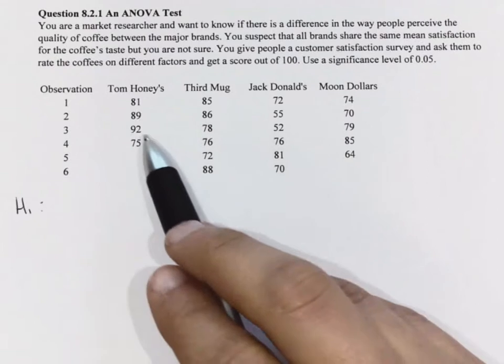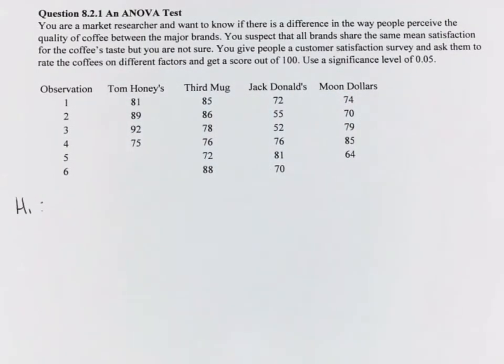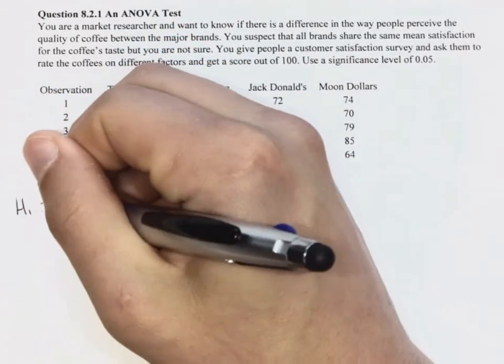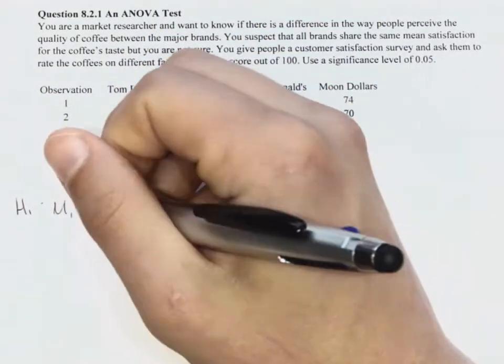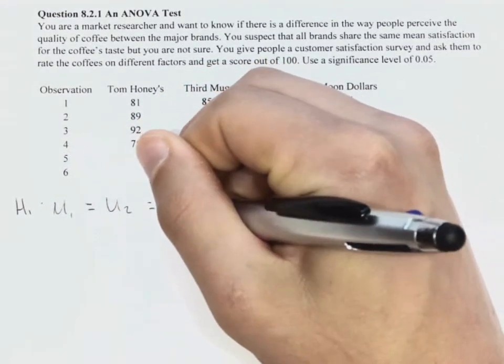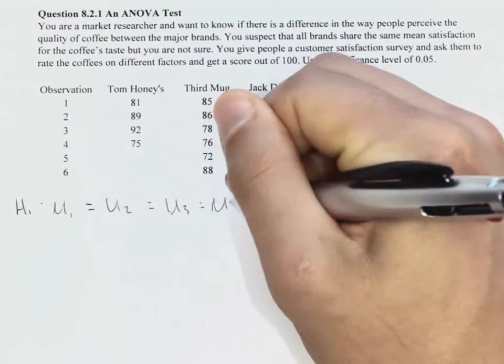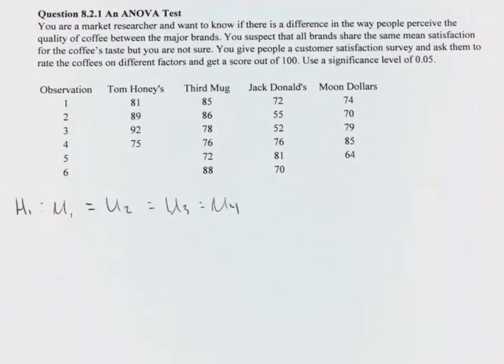When I say treatment, we have 4 different sets of samples, and we call them treatments. We have 4 treatments. So our null hypothesis is that the mean of 1 equals the mean of 2, which equals the mean of 3, which equals the mean of 4.